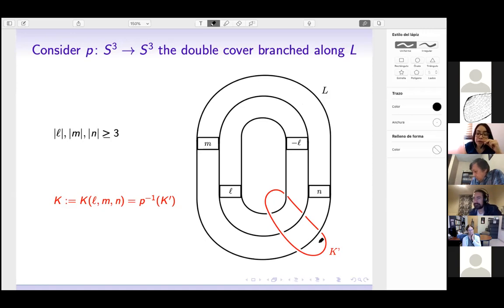So the pre-image of K prime is a knot in S3, and we will call it K(L, M, N). And this is the family of knots we are going to prove are non-almost fiber.